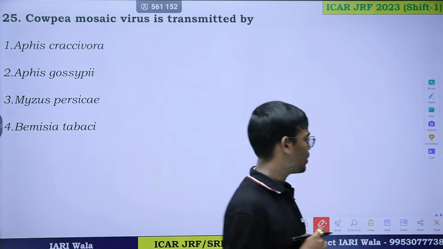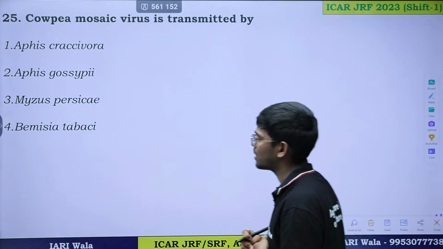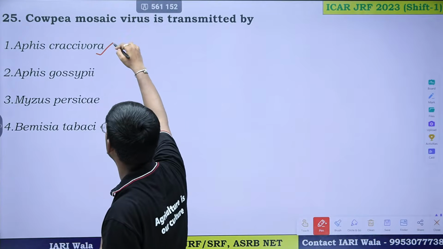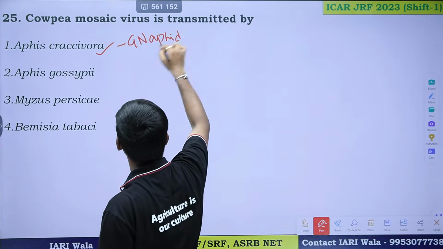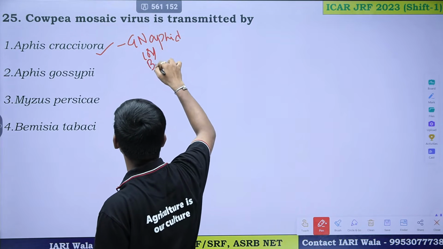Yes, cowpea mosaic virus is transmitted by Aphis craccivora, which is called the groundnut aphid or bean aphid mostly.